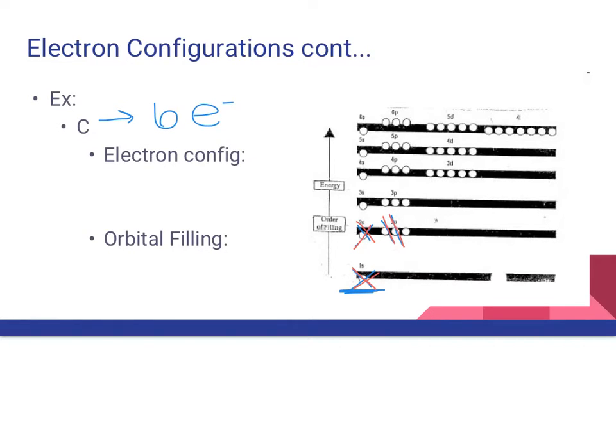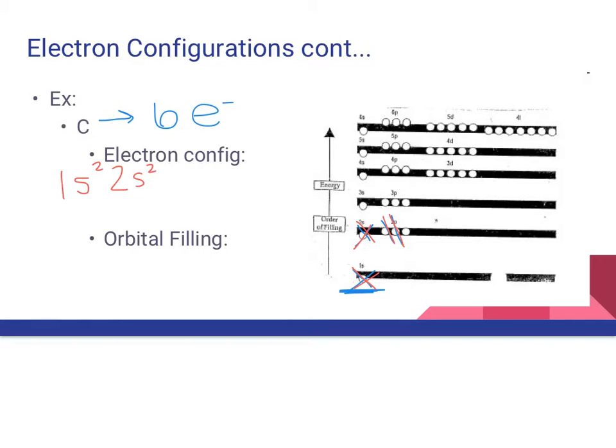From this diagram now, I am going to determine the electron configuration. And so I always start at the lowest energy level, which is always going to be the 1s. And in the 1s orbital for carbon, I placed 2 electrons. Once the 1s orbital was filled, I moved up to the 2s. And in carbon, the 2s orbital also contains 2 electrons.